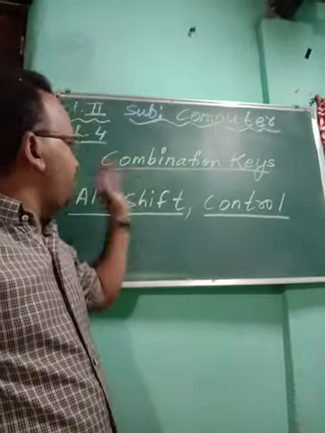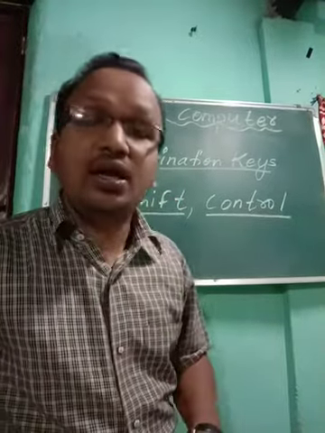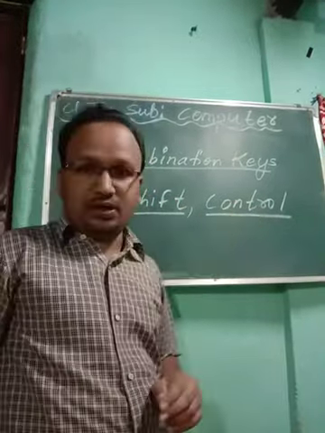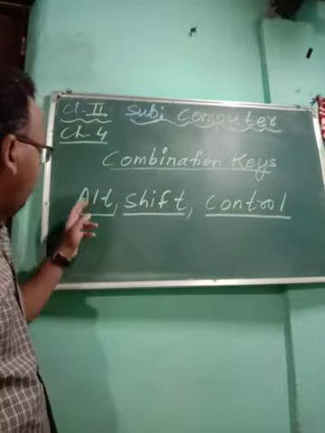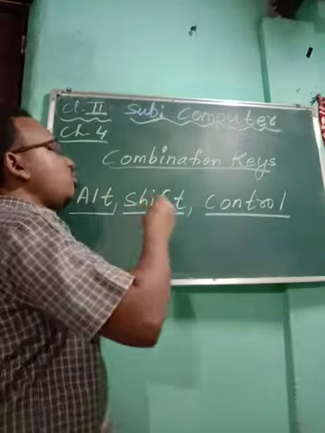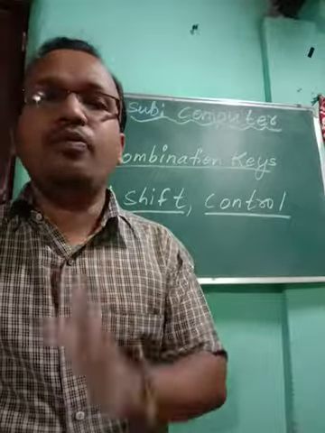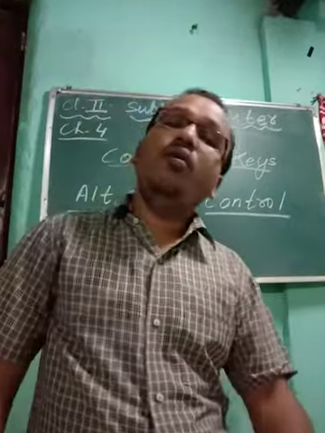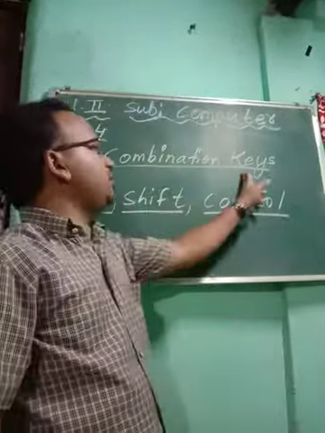That means when we press the shift key, along with the shift key we have to press another key. When we press the control key, we have to press another key. When we press ALT, at that time also we have to press another key for doing any work. So these keys are called what? Combination keys. Combination key means when we use two keys together, children.